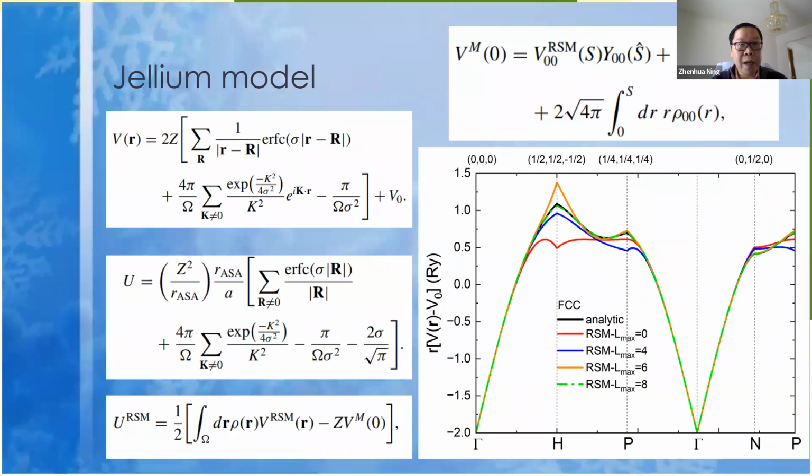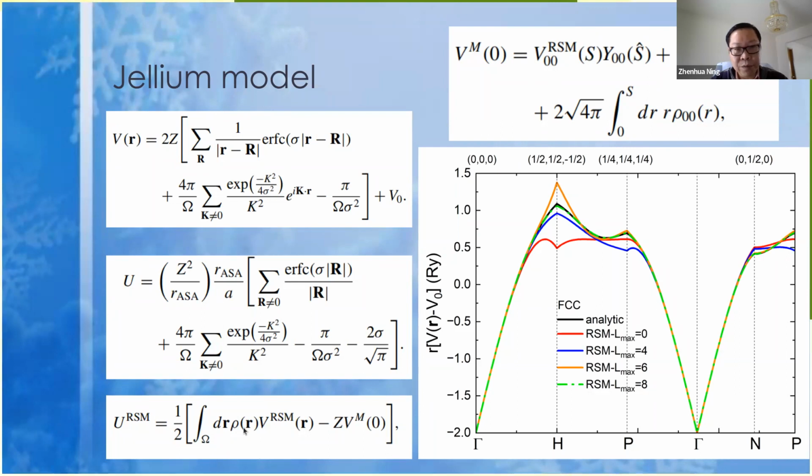I tested my equations with the Jellium model. The Jellium model is a lattice of positive ions surrounded by a homogeneous electron charge density. For the Jellium model, the Coulomb potential and the Coulomb energy are given by these two equations.